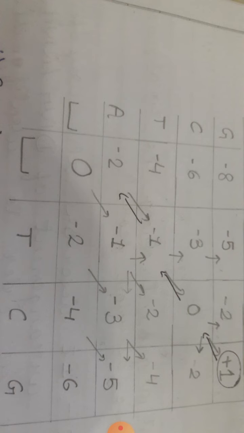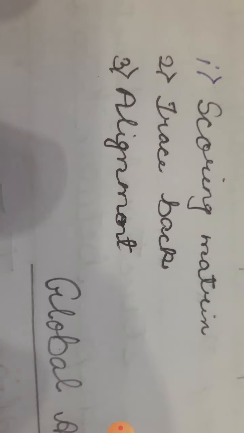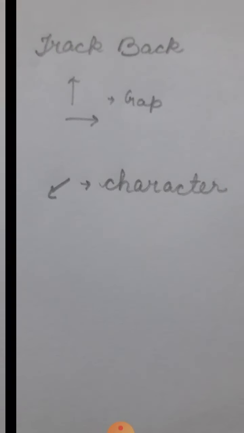In the box -1, the nucleotides corresponding to its column and row are T and T. So just write down T and T. Then move to -2 and write down A and gap. So our alignment is complete.